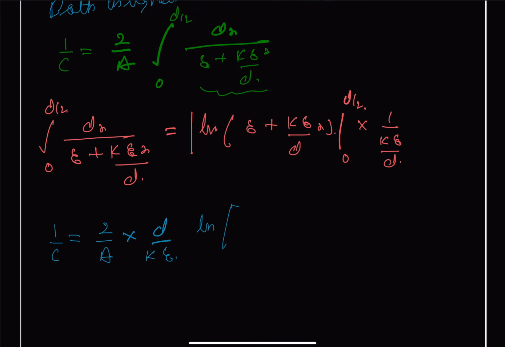So we have the natural log of epsilon naught plus k epsilon naught d by 2 divided by d, and divided by epsilon naught.